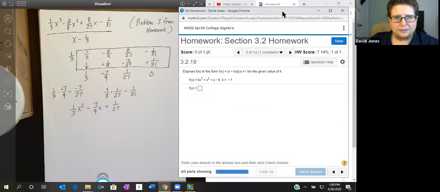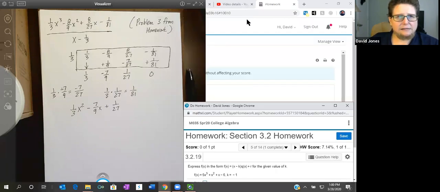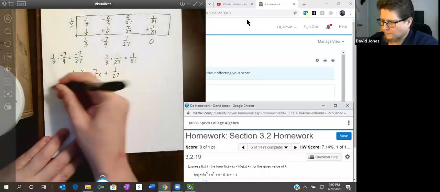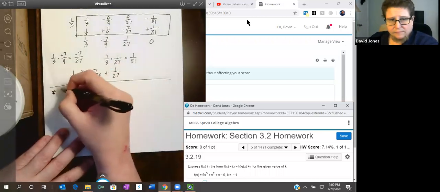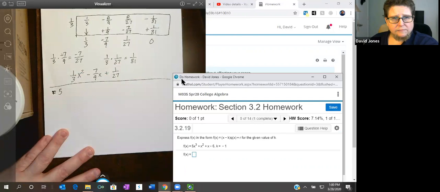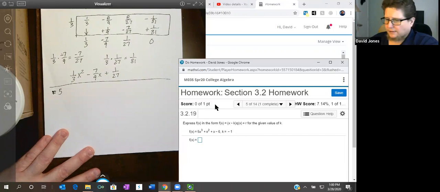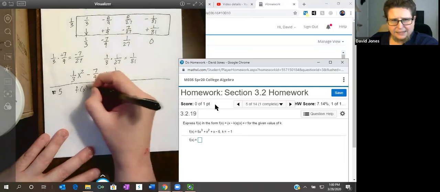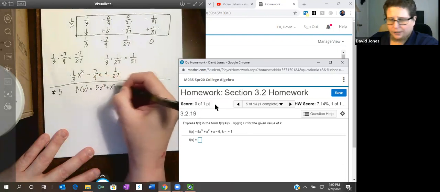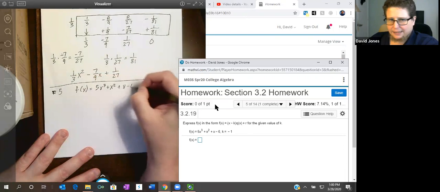And I thought we'd take a look at this one. This is number 5. So I get f of x equals 5x cubed plus x squared plus x minus 6.